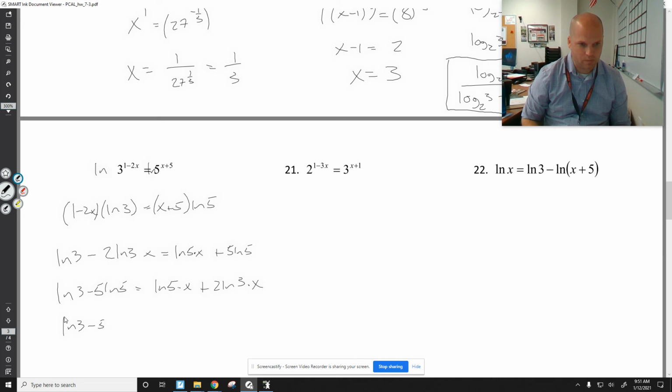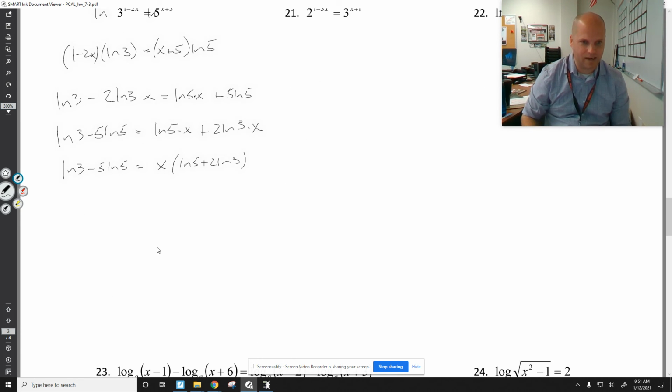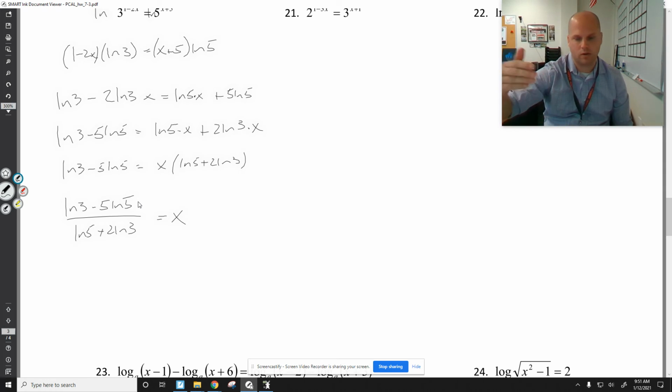I get natural log of 3 minus 5 natural log of 5 equals x times natural log of 5 plus 2 natural log of 3. I'm going to divide by x. And I get this crazy thing, but this is the right answer: natural log 3 minus 5 natural log 5 over natural log 5 plus 2 natural log 3. You can rewrite this so that it's 5 to the 5th power, 3 squared, but this is fine.